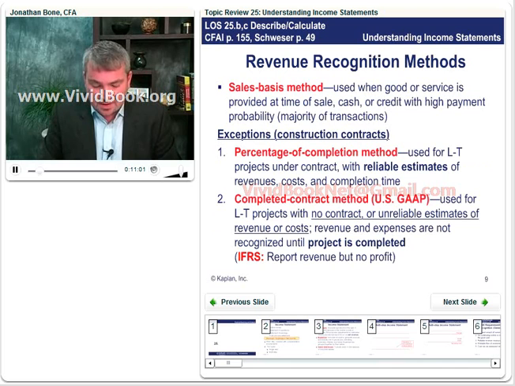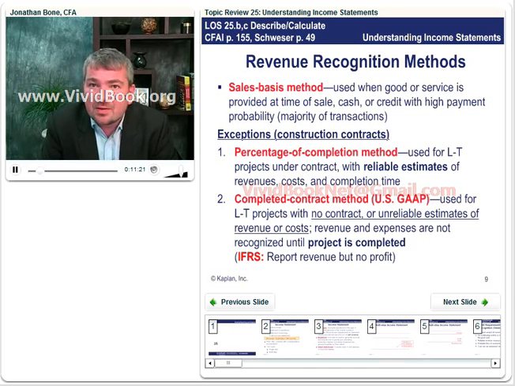Okay, so let's have a look. So most sales are recorded on the sales basis method, both under IFRS and US GAAP. In other words, you record the sale when the good or service is provided. In other words, when the earnings activity is complete. And for a large number of items, this is when the goods are shipped to the customer.